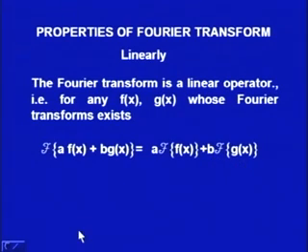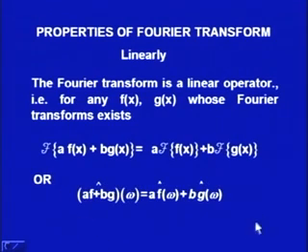Proving it is very easy. This can be written in other notations also, but this notation says that the Fourier transform of a f plus b g at omega is the same as a times the Fourier transform of f at omega plus b times the Fourier transform of g at omega. Any of these can be written, we just have to understand that it is linear.